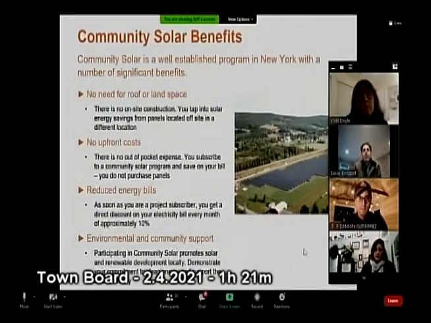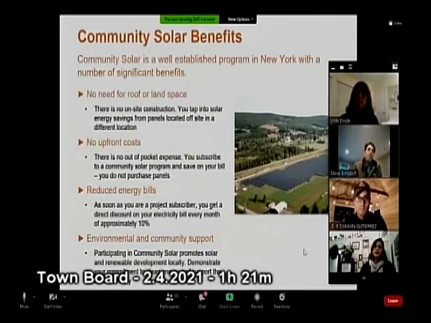Again, as I touched on, the benefits of community solar: it's a well-established program. That's important. This isn't the Wild West. This is a state-mandated, regulated program. There's no need for roof or land space, right? This is a virtual transaction. There's no upfront or out-of-pocket cost for you. You are allowed to just sign up and receive the benefits.